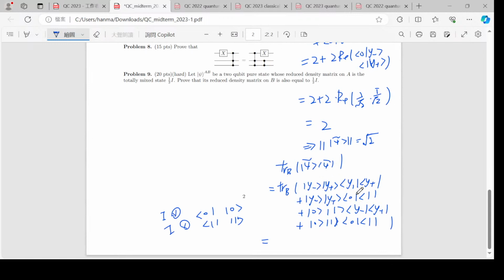So 0, 0 on this: 0 on y plus is 1 over square root 2.